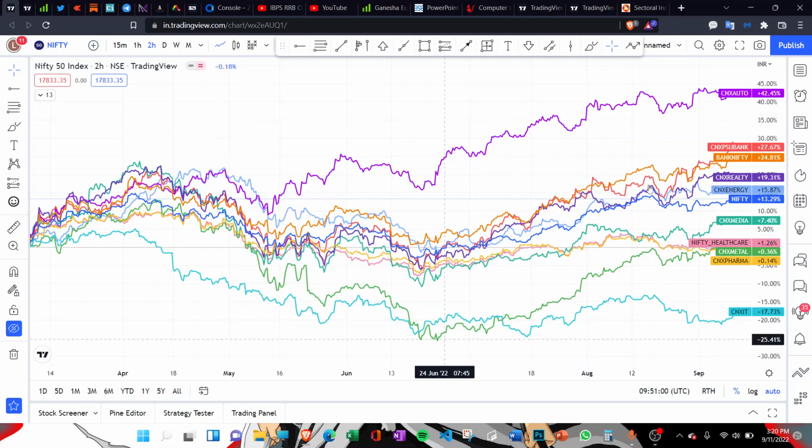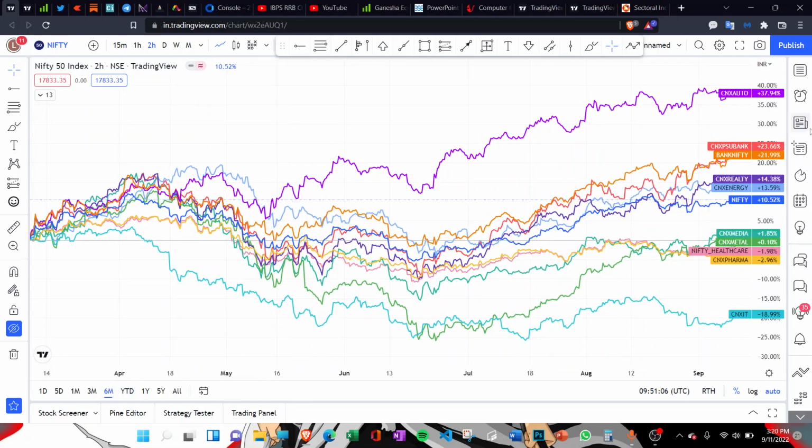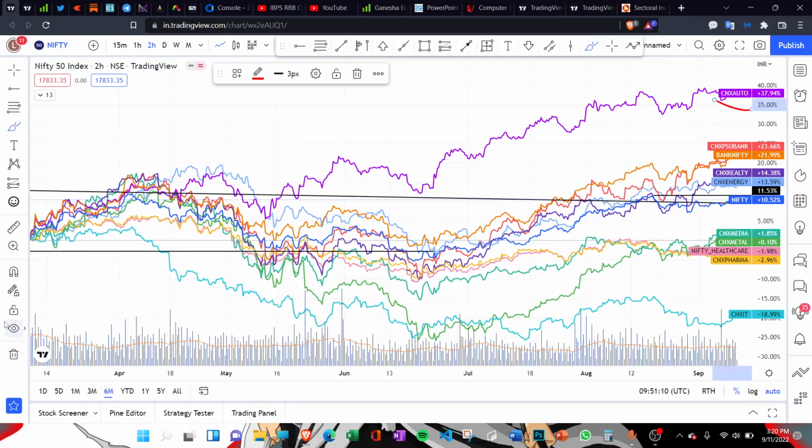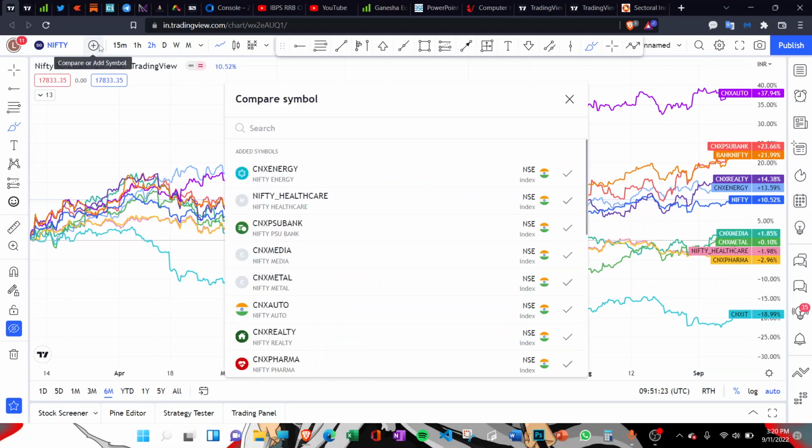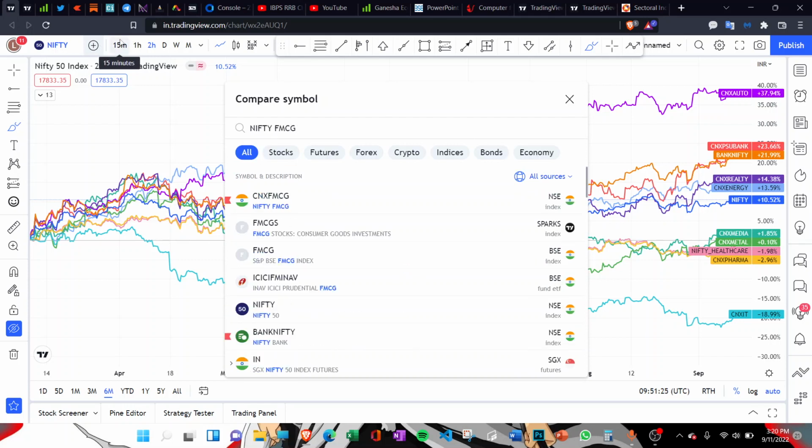So these are the different sectors and these are the returns they have given in the last 6 months. As you can clearly see, Nifty Auto is the clear leader with 37.94% returns, followed by, oh, I forgot about the FMCG, Nifty FMCG.